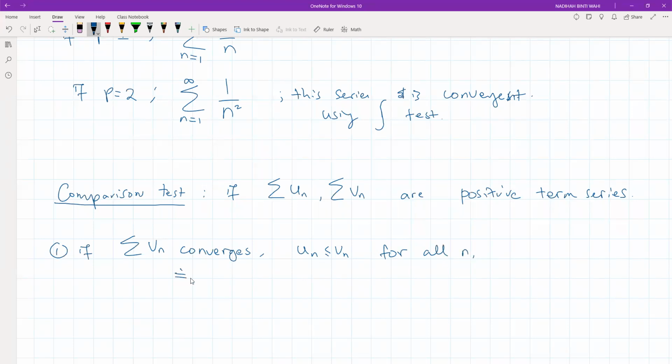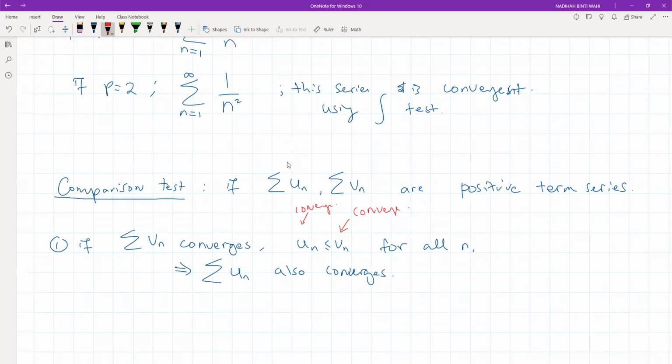Therefore, we can say that the series of Un also converges. Because why? Because this one is converged, the bigger one, the big guy is converged. So automatically the smaller guy also converge.